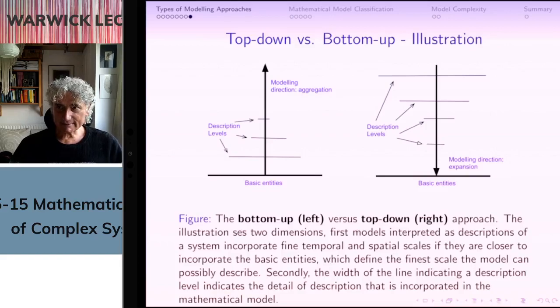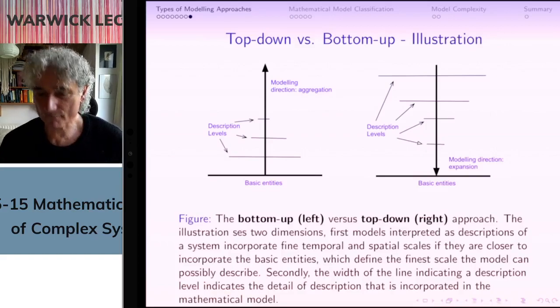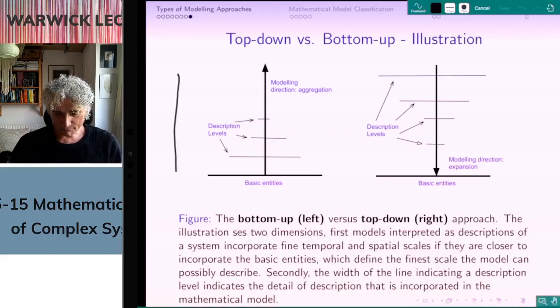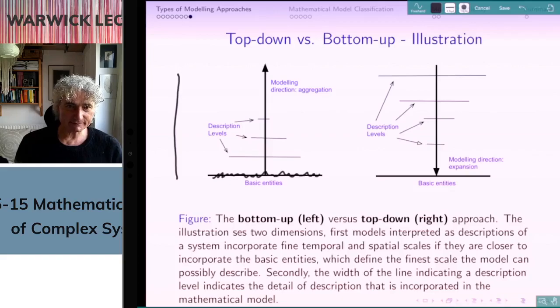And here you see the two approaches side by side. So here, for example, you have the bottom-up approach on the left, and what you have here is indeed, as I said, you start here with the basic entities.